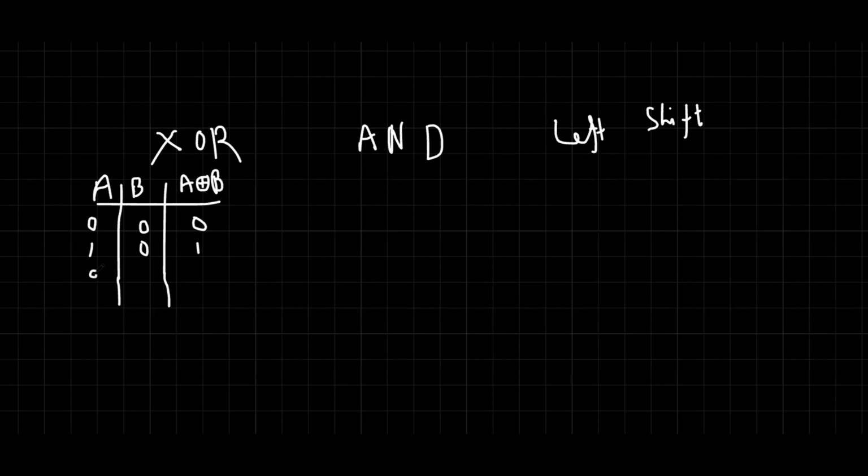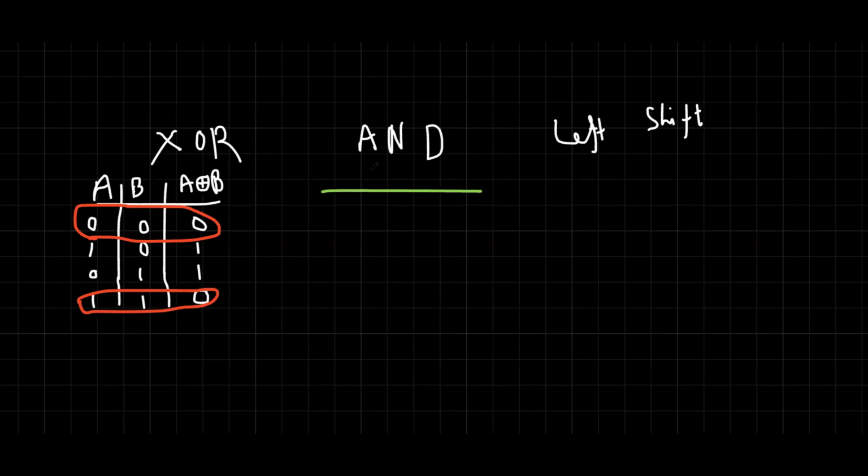And if it is 0 and 1, the XOR value will be 1 again. But if the value of A is 1 and the value of B is 1, the XOR value will be 0. So we can say that in the XOR, if both bits are equal, the output will be 0. This is the truth table of the XOR operation. Okay. So far, so good.